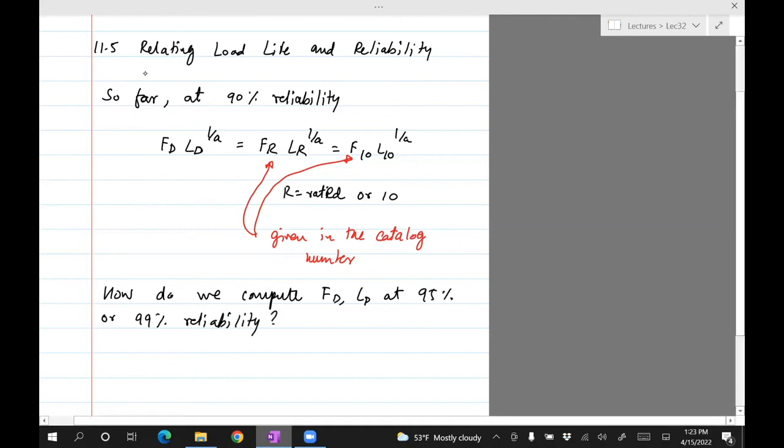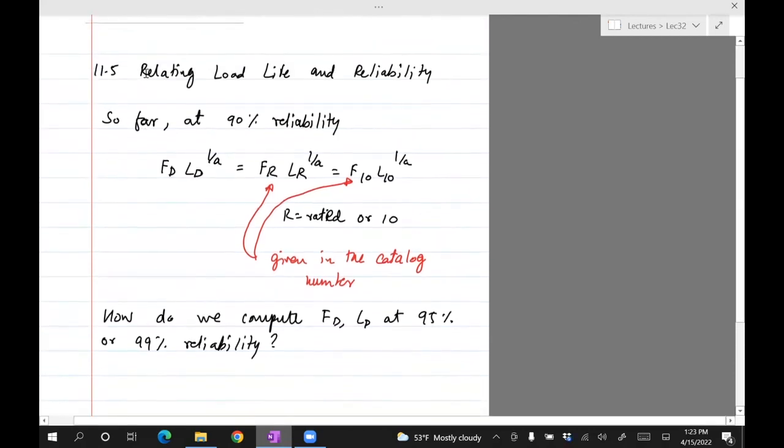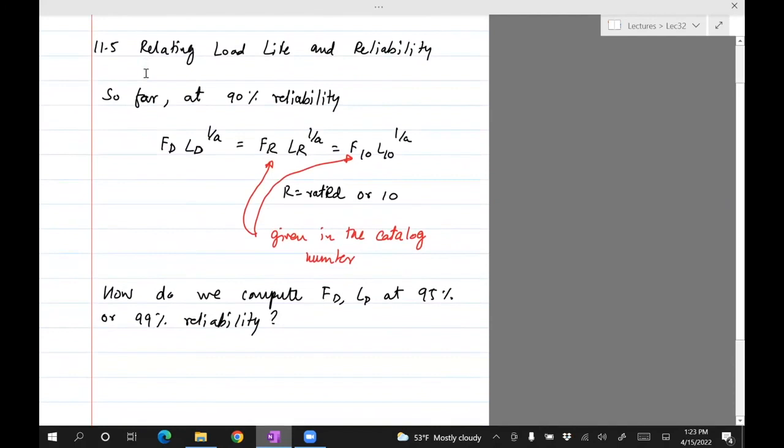That's the question we'll be dealing with in this section. Here, what we essentially do is we use these equations which I wrote down and something about the Weibull distribution to compute those things.